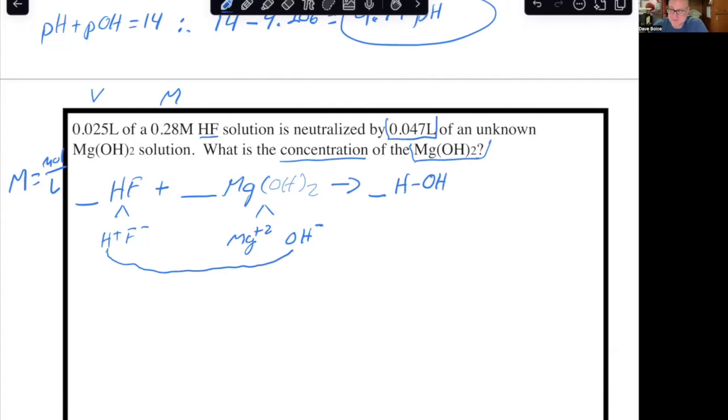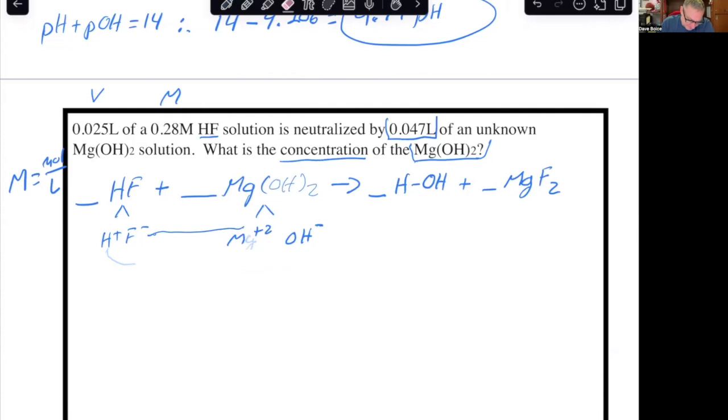This keeps the hydroxide separate, and that makes this a little bit easier. Plus, now I have magnesium and fluorine, and magnesium is positive, so that's going to go first. And with a +2 charge, I'm going to need 2 fluorines in order to make this work. So MgF2. MgF is not a thing. And if you don't do your swap and drop, you're not going to be able to balance this.